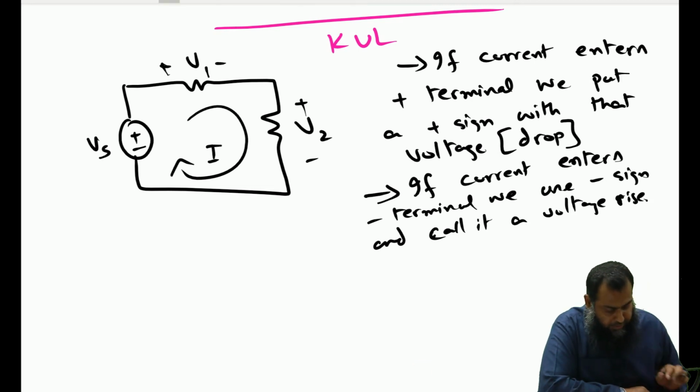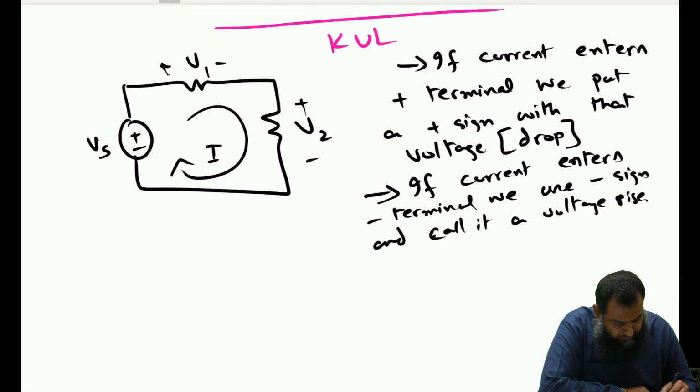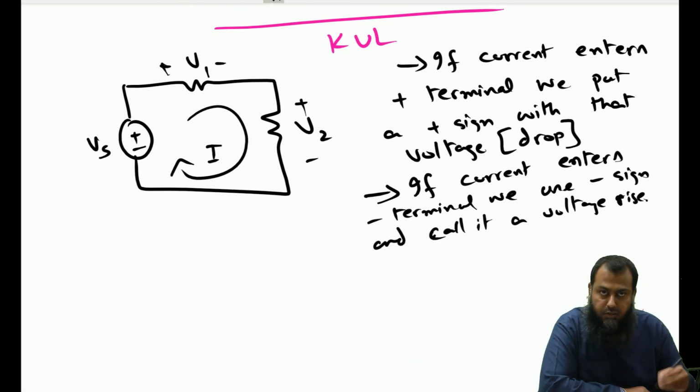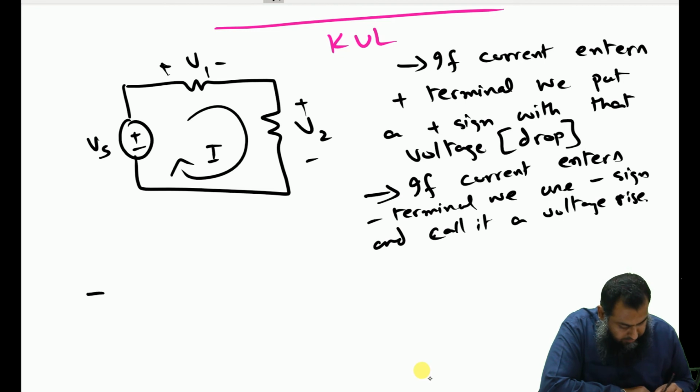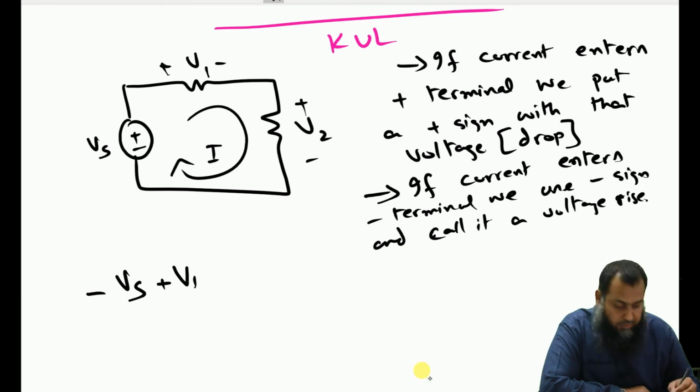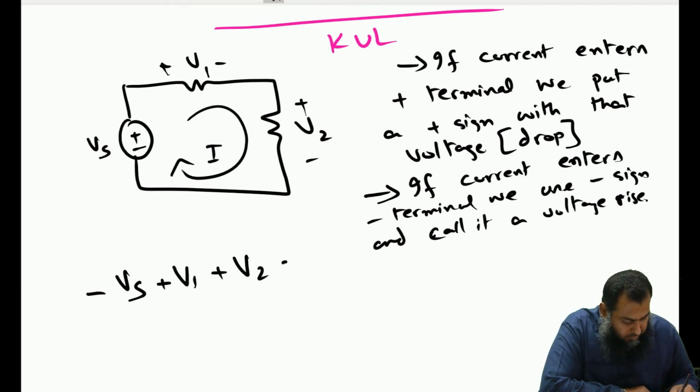In this particular circuit, I have assumed that there is some current flowing in a clockwise direction. It is always sane to follow the conventions given in your textbook, and hence I have used a clockwise direction. You see this current I is entering the negative terminal of this Vs, and hence I will write minus Vs, and then it is entering the positive of this V1, plus V1, and then again the positive of this V2, plus V2, and this is equal to 0.